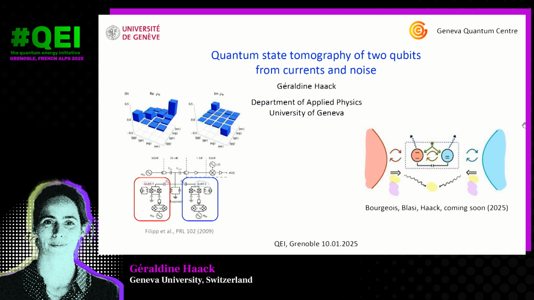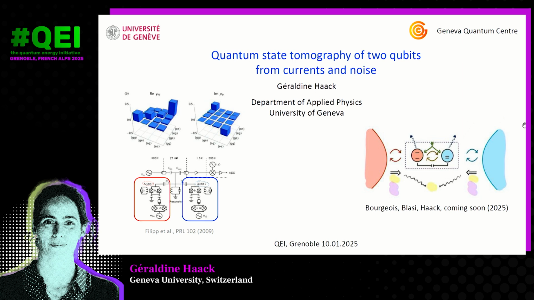So quantum state tomography, probably you all know about it, no? It's about reconstructing the density operator of a quantum system. Here I put some images that I took from this paper. It's an experiment which was done in the group of Andreas Wallraff at ETH in Zurich in Switzerland.